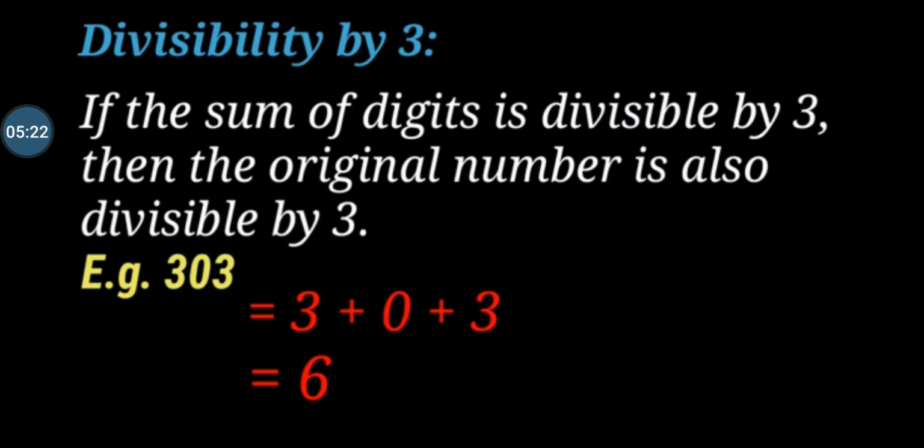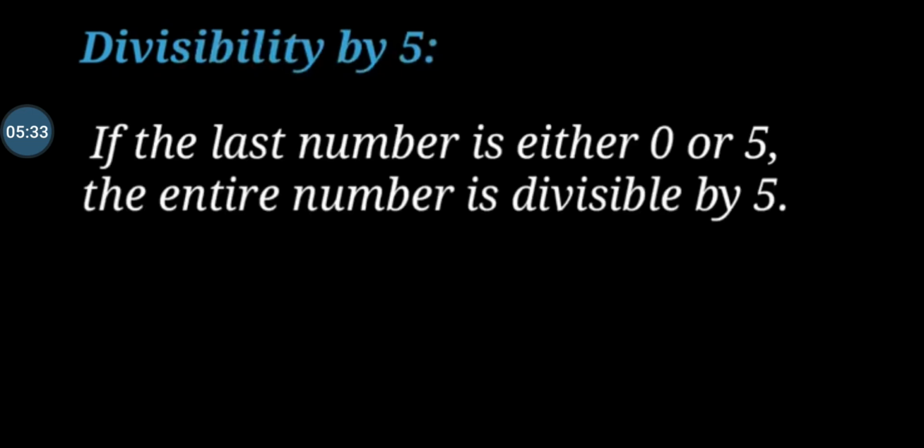Now we have to check the divisibility rule of 5. To check the divisibility rule of 5, we have a very easy rule. If the last digit at the ones place is 0 or 5, it means the whole number is divisible by 5. It means we have to check only the ones or the unit place.